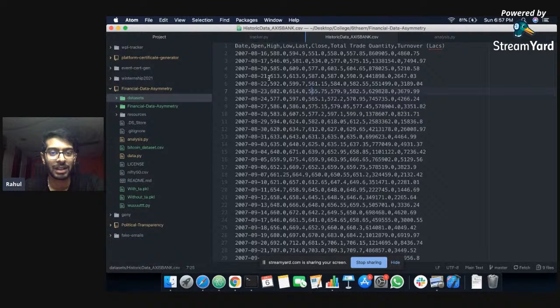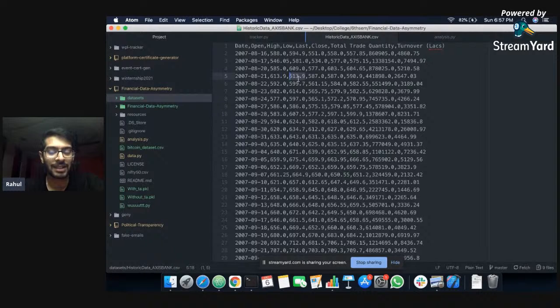If I look at this particular day over here, 21st, and I want to see the closing price of the stock 2 working days before, I can clearly say that it was 581, or, that might be the high price. My bad. So let's say 613.9 is the high price on 21st of August 2007. Yes, so 21st of August 2007, the high price on that particular day was 613.9.